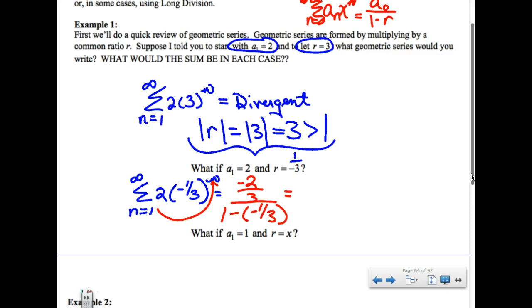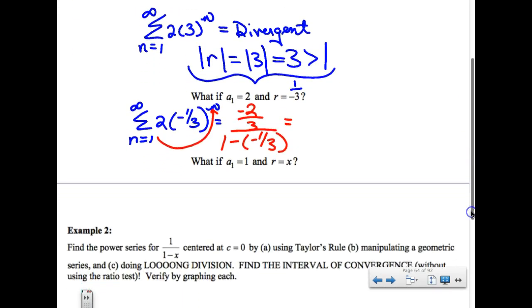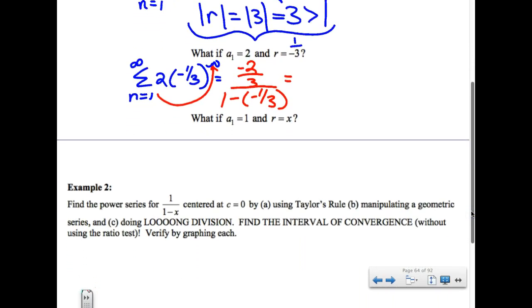Well, let's extend this a little bit more. What now if I have an unknown common ratio and we say that it's x? How would I write that in geometric form? Well, it's going to look like this. It's going to be the sum, n equals 1 to infinity, of 1 times x to the n.